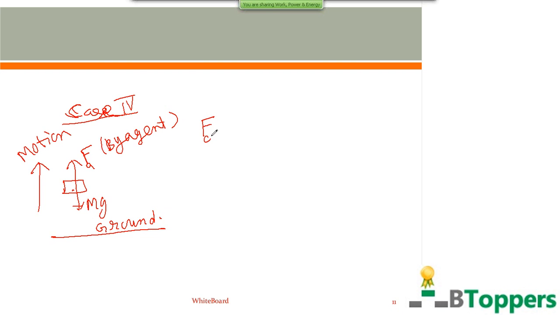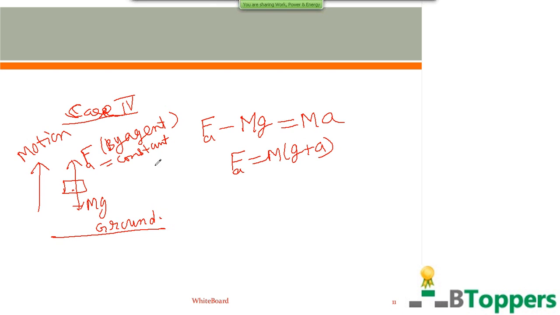So magnitude of the resultant force on the body is equal to magnitude of force applied by the agent minus mg. From Newton's second law, that you can write as m into a. So magnitude of force applied by the agent in this case is equal to m into g plus a. Let us suppose the force applied by the agent is constant, and the body moves with constant acceleration.